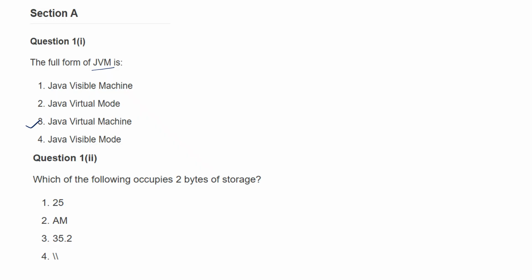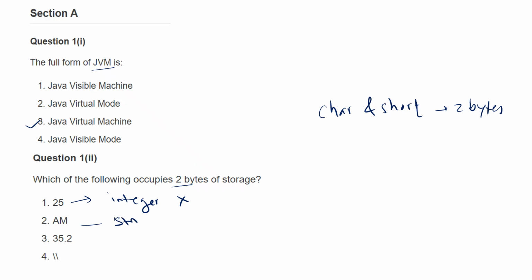Now, which of the following occupies 2 bytes for storage? If you know char and short, these two data types occupy 2 bytes. So now you have to identify which of them are having 2 bytes. 25 is an integer, so this will not be there. This is a string, so will not be there.